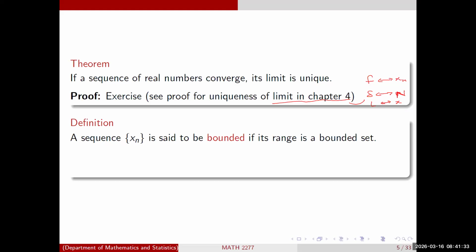The list of all possible values a sequence could take could either be finite or infinite. For example, the sequence +1, -1, +1, -1 that we just saw. The range of this sequence is just two numbers. What are all possible values this guy could take? Just two numbers. You're either -1 or +1.